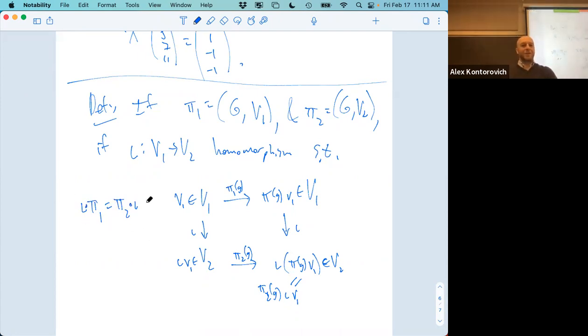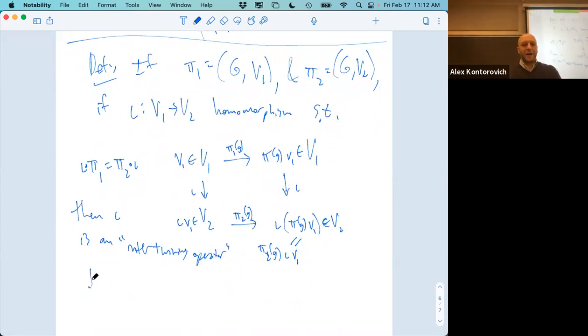This is the property that whatever the representations are doing is respected by the homomorphism between vector spaces. If I have this, then we say iota is an intertwining operator between V1 and V2. It intertwines the action of V1 and V2.